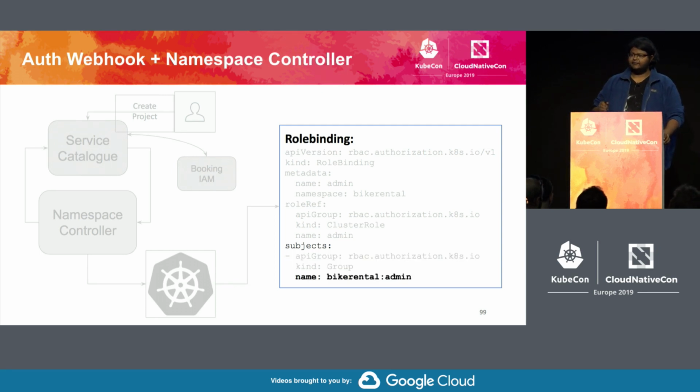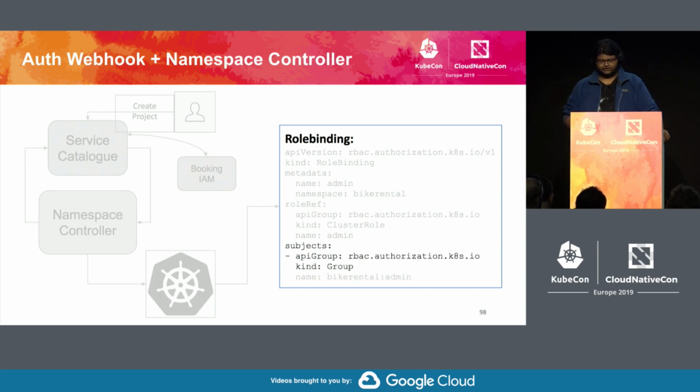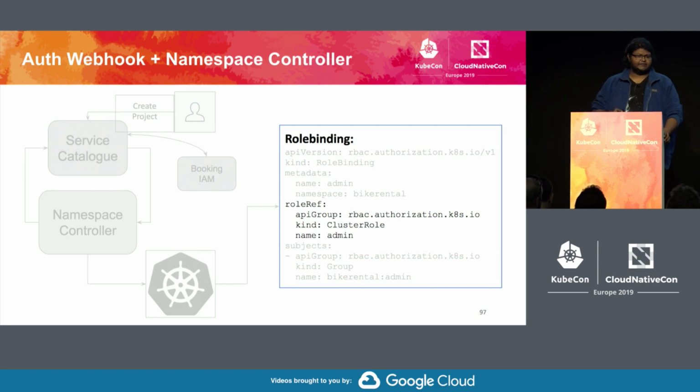So dynamically, every user who is part of this kubectl:admin group will have admin access only to this namespace. Though the cluster role here is admin, the user will not get this permission on the entire cluster. It will be on the namespace itself only, because it's just a role reference and it's a role binding object, not a cluster role binding object.